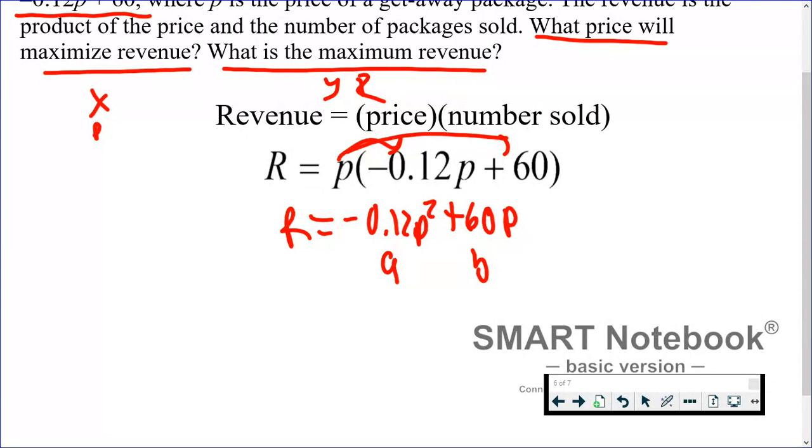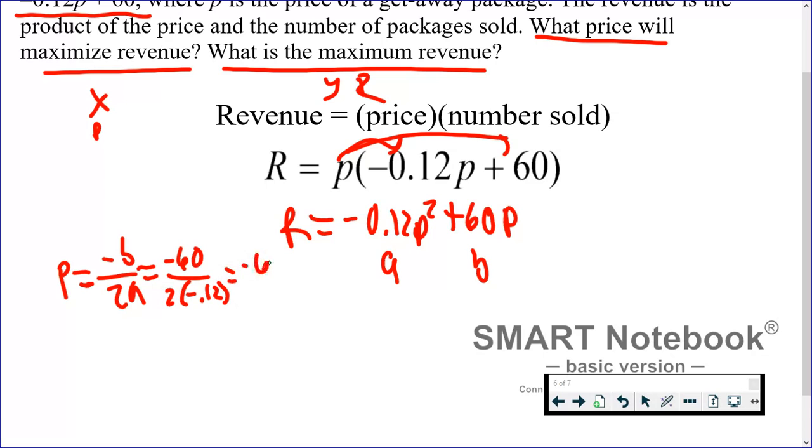So we're just going to use the same formula. In this case, the P value of the vertex, which is typically like our x, is the opposite of b over 2a. This is going to be the answer to the first question. So in this case, b is 60, so the opposite would be negative 60. A is negative 12 hundredths, so 2 times that is going to go in the denominator.